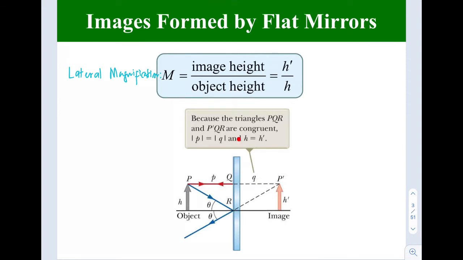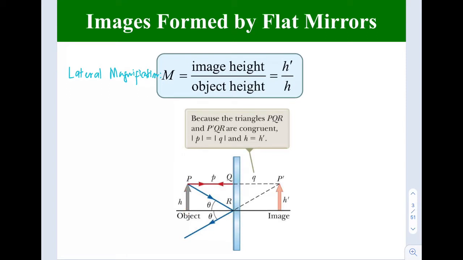That is how we get that the height of the object and the height of the image are the same, so M is equal to 1. It means the size of the image is exactly the same as the size of the object.